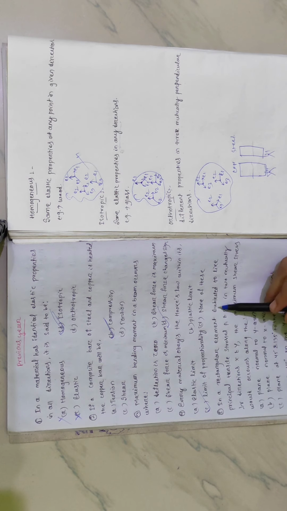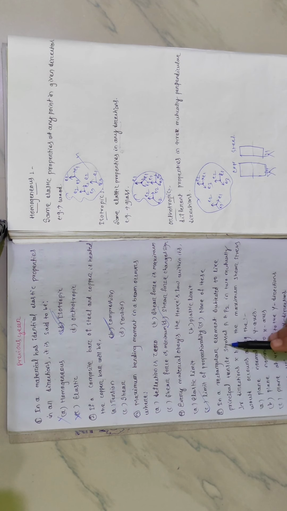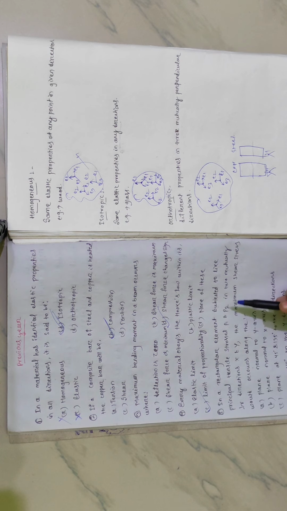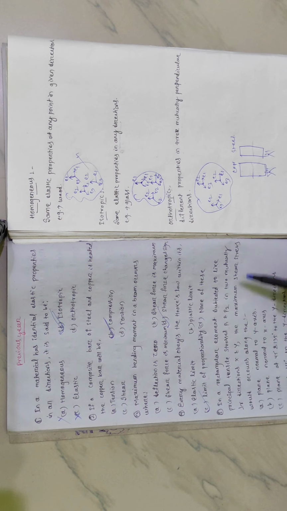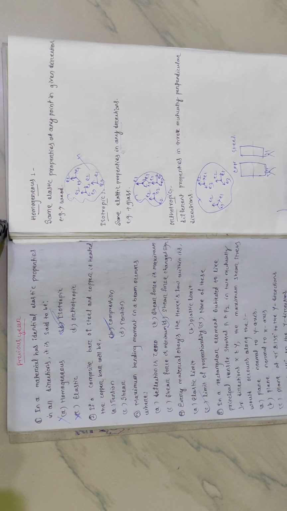In a rectangular element subjected to principal tensile stresses P1 and P2 in two mutually perpendicular directions x and y, the maximum shear stress would occur along the: options are plane normal to y-axis, plane normal to x-axis, plane at 45 degree and 135 degree to the y-axis, and plane at 45 to the y direction.